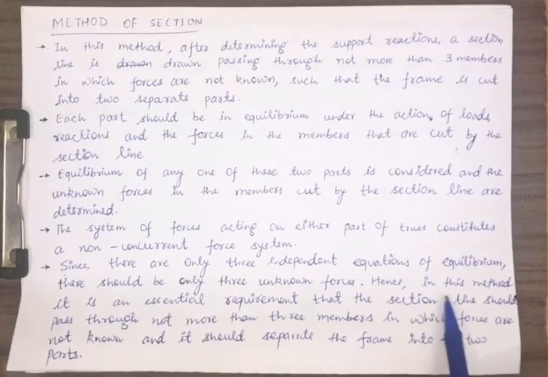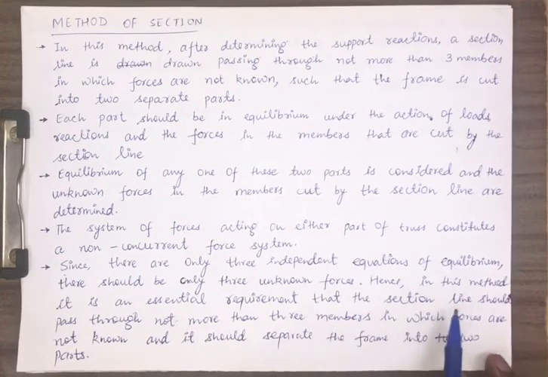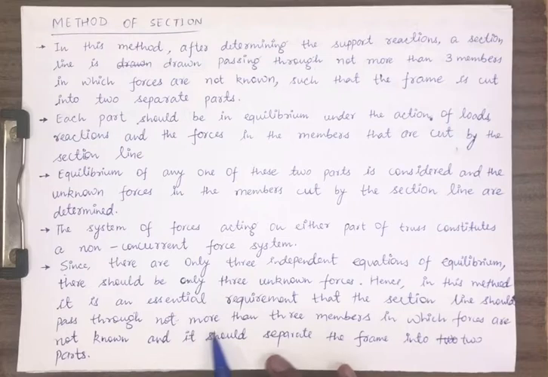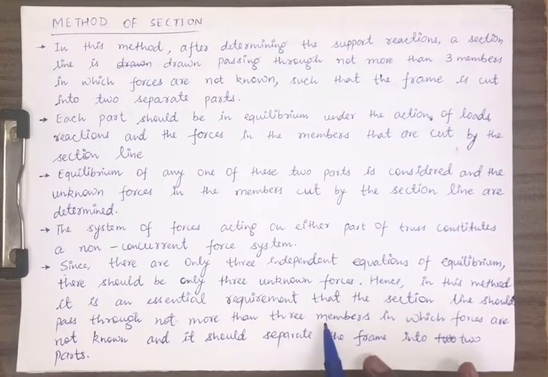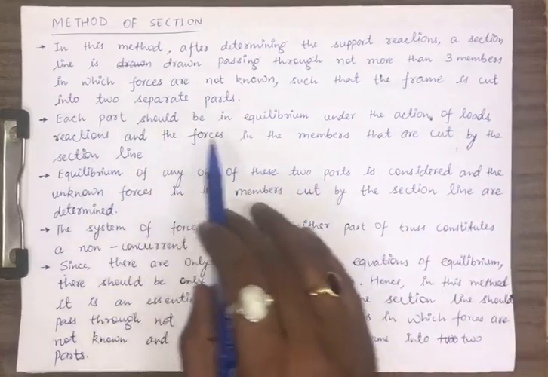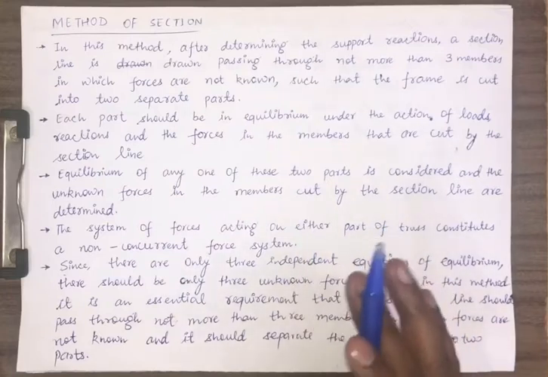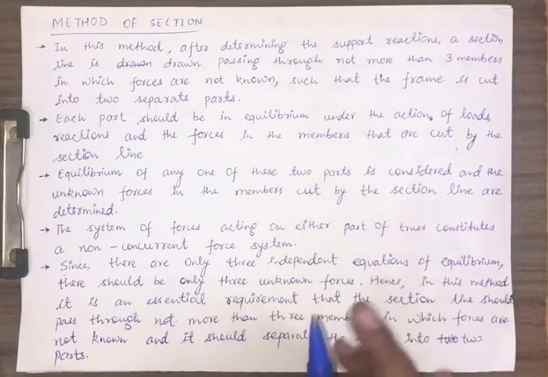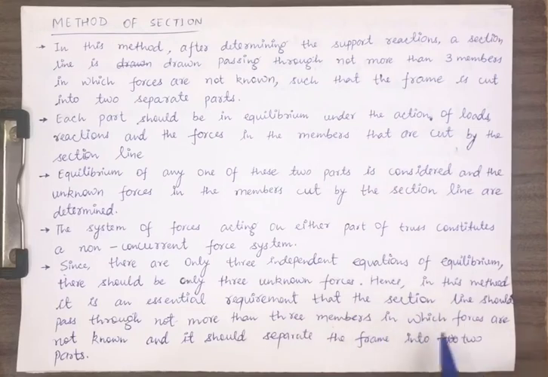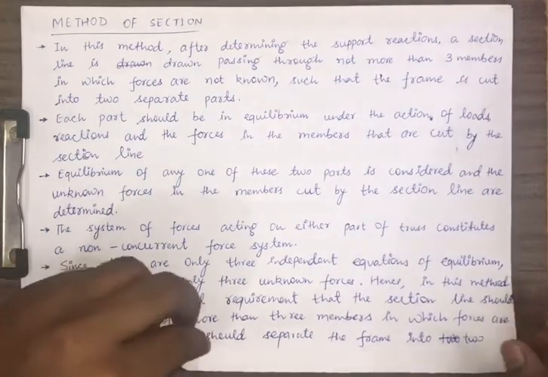Hence, in this method, it is an essential requirement that the section line should pass through not more than 3 members in which forces are not known, and it should separate the frame into two parts. So these are the two major conditions.